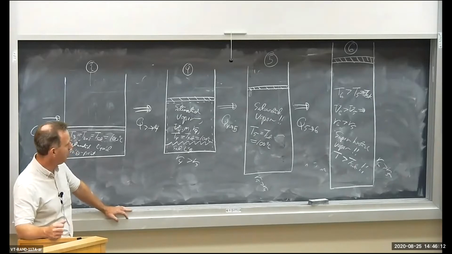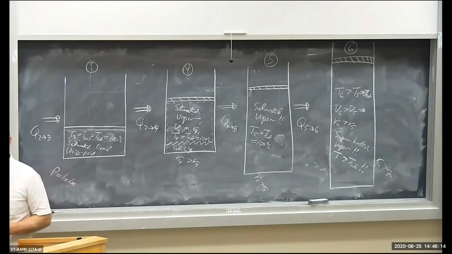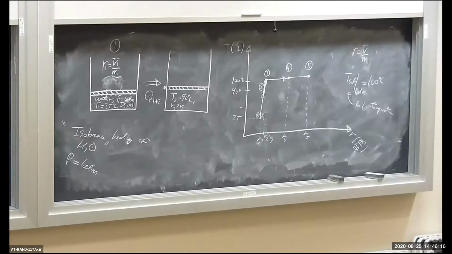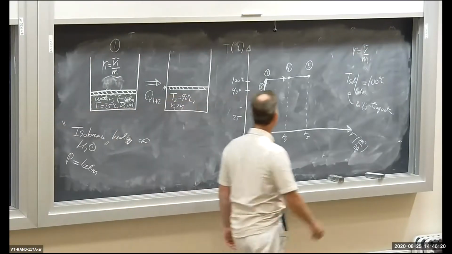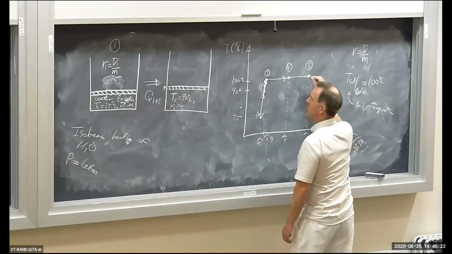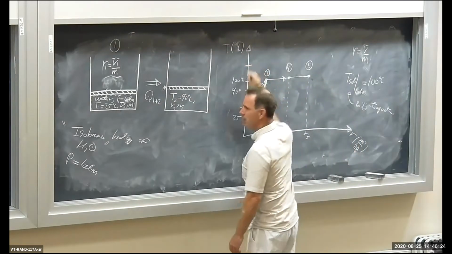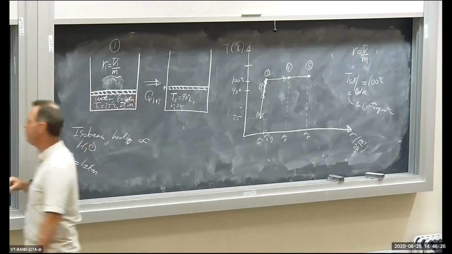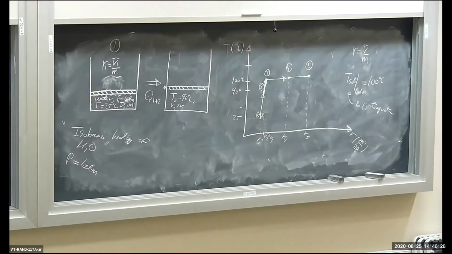Specific volume's gone up, temperature's gone up. Let's put this on our temperature specific volume diagram. So now we're at some new temperature. I guess I need to make a temperature up here. T6, I don't know, 150 degrees C. I'm just making something up.